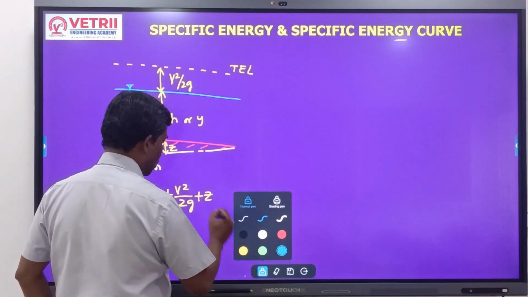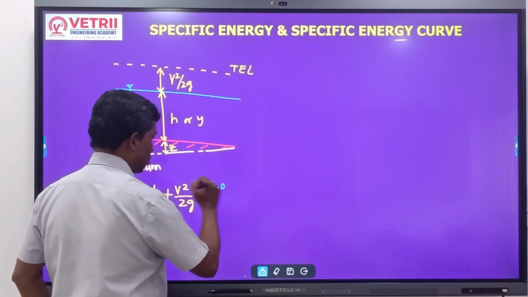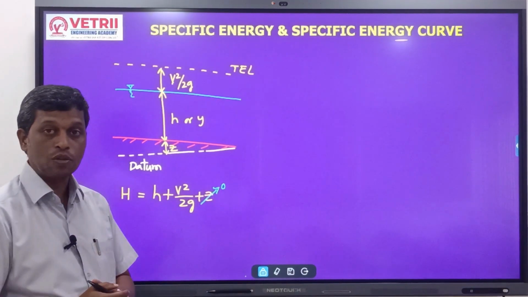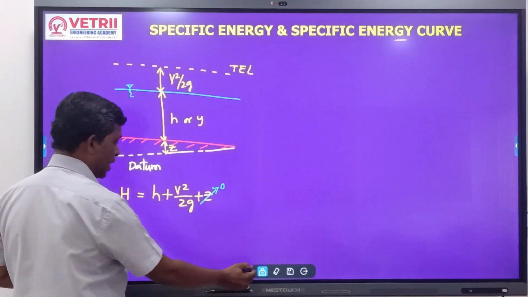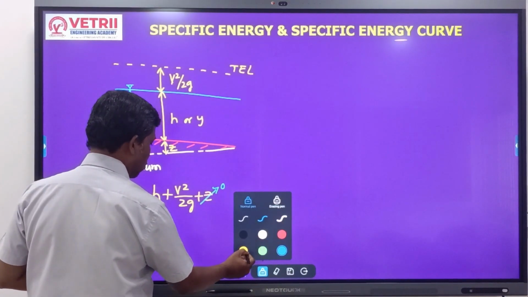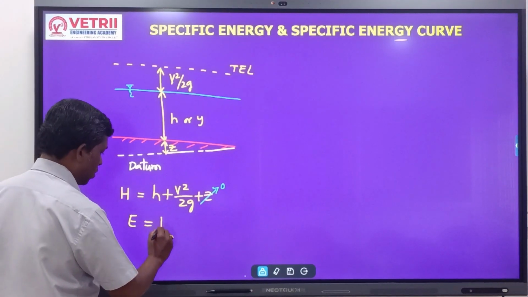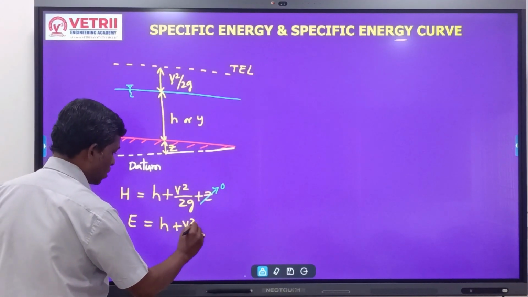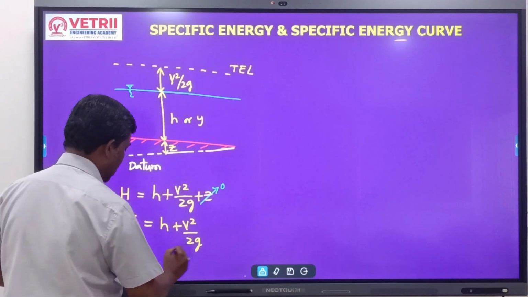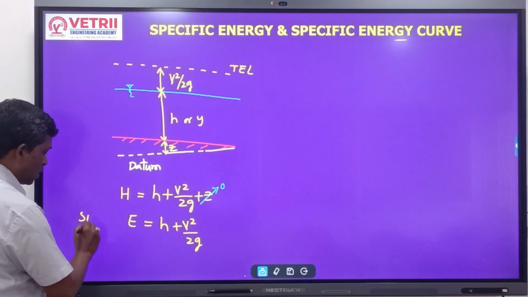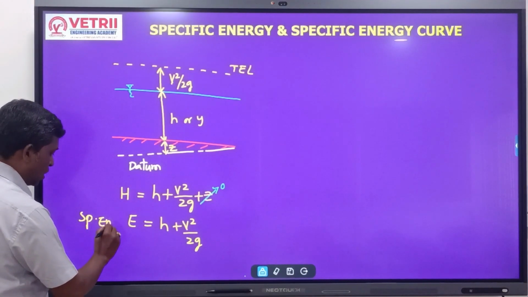The Z value will become 0. For this condition, the total head or total energy can be written as E is equal to H plus V square by 2g. This is nothing but the specific energy.